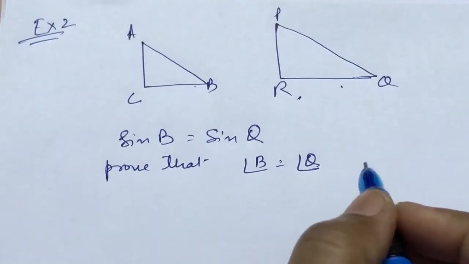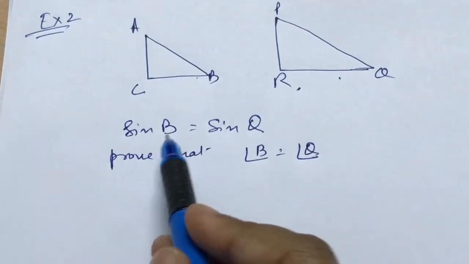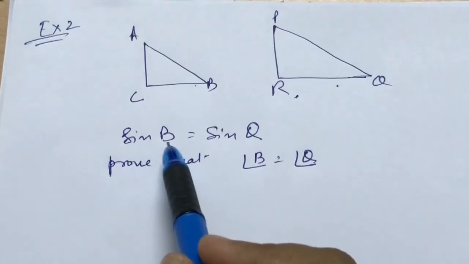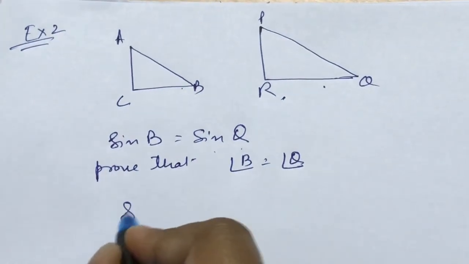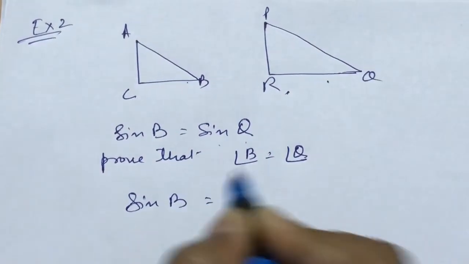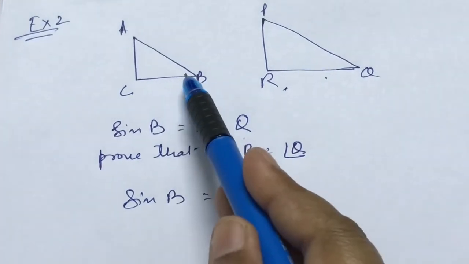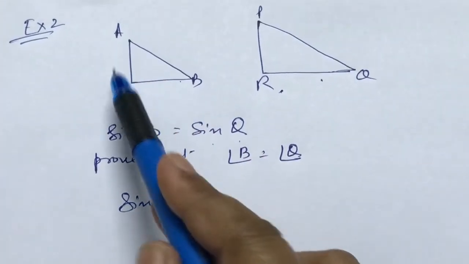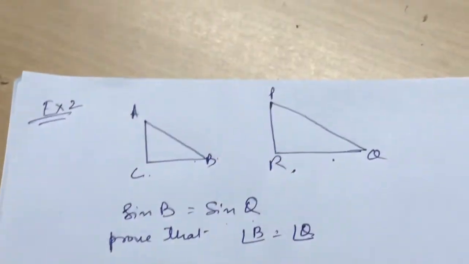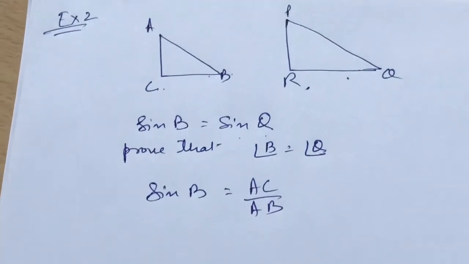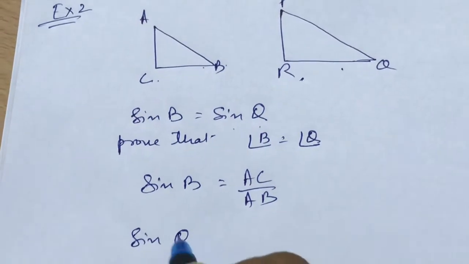So let us use our sin trigonometry ratios. It is given sin B, sin Q is given. So let us find out what is sin B. Sin B can be written as AC by AB. What is sin Q?